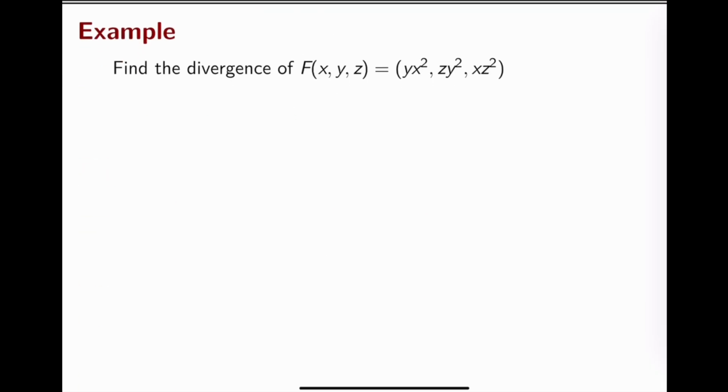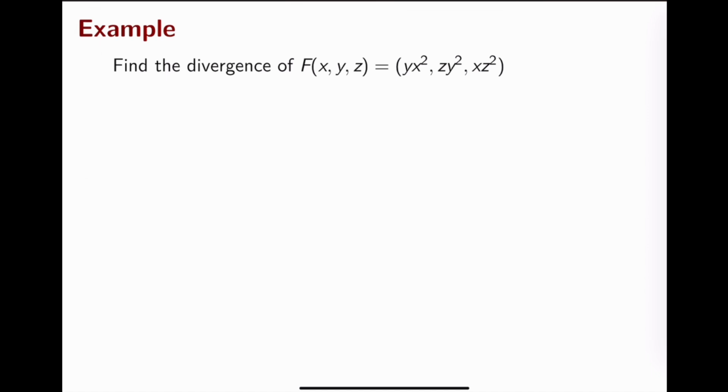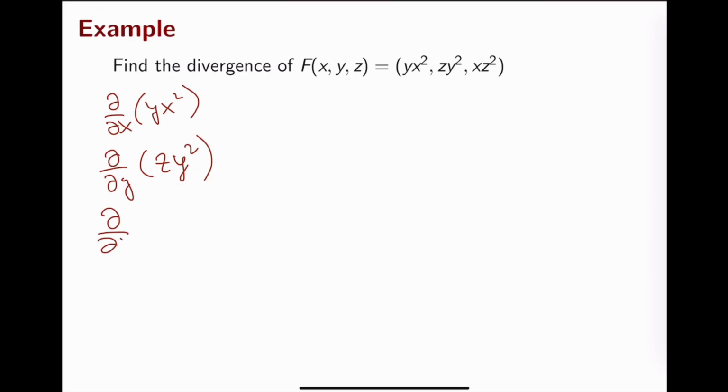Okay, so let's calculate, for instance, the divergence of this vector field in general, and then we can calculate it also at a particular point. So to calculate the divergence, we need to calculate the partial derivatives of each one. So the derivative with respect to x of the first one, the derivative with respect to y of the second one, and the derivative with respect to z of the third one.